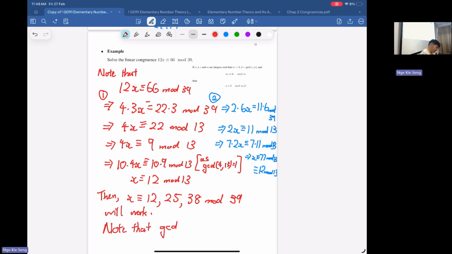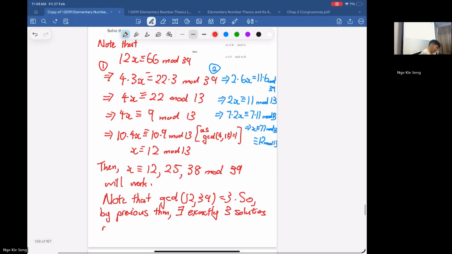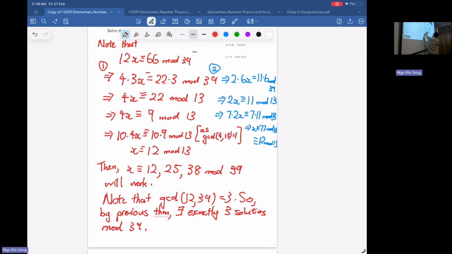So by the previous theorem, there are exactly 3 solutions mod 39. If you have these 3 solutions mod 39, you reduce mod 13.